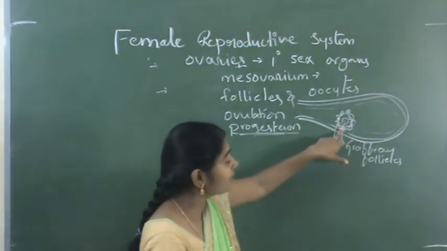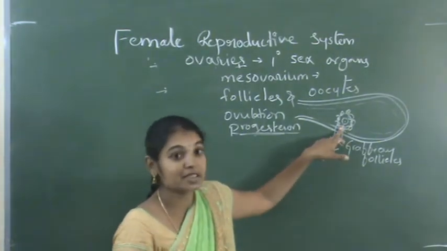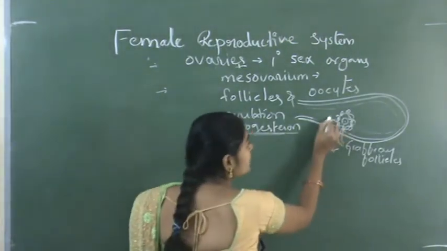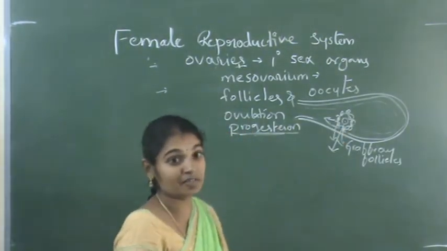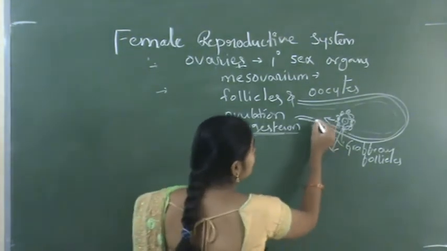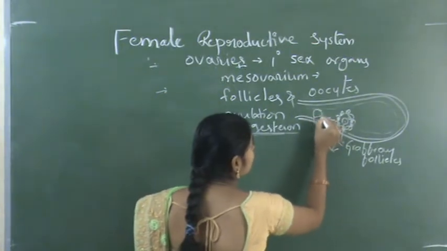Once the ovum is released, the Graafian follicle develops into the corpus luteum, its next stage after ovulation.